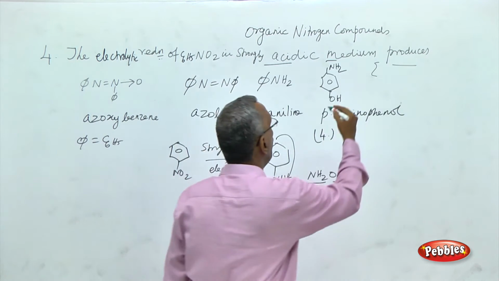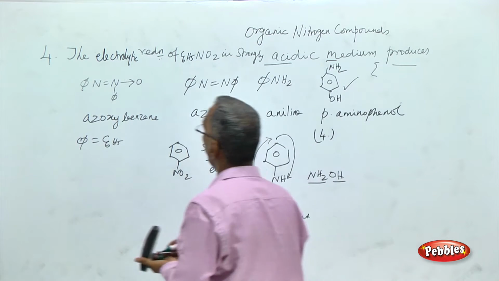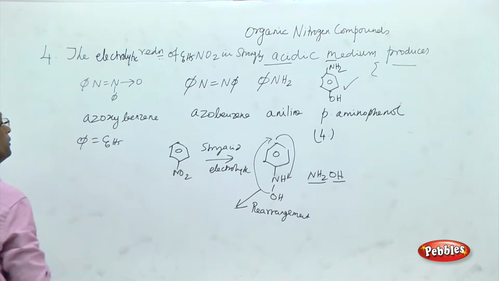So para-aminophenol is the correct choice for the current question. Once again, the electrolytic reduction of nitrobenzene in strongly acidic medium produces 4-aminophenol or para-aminophenol. This finishes the current question and its answer.